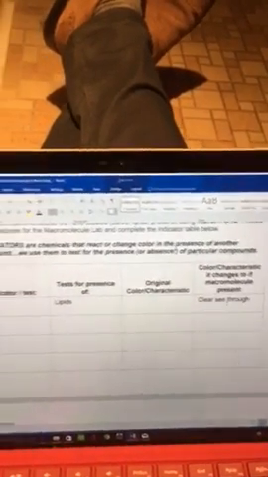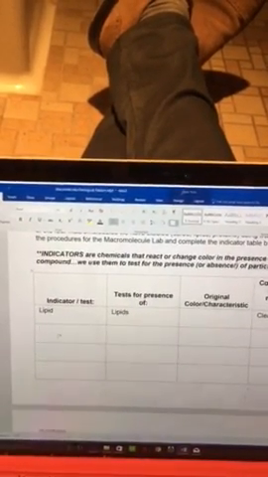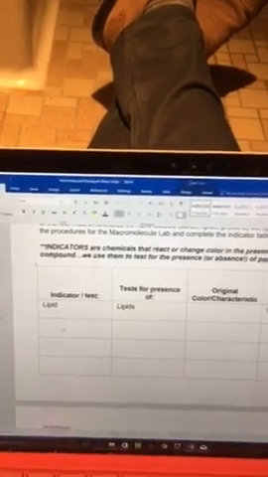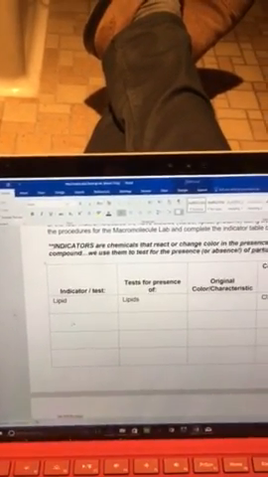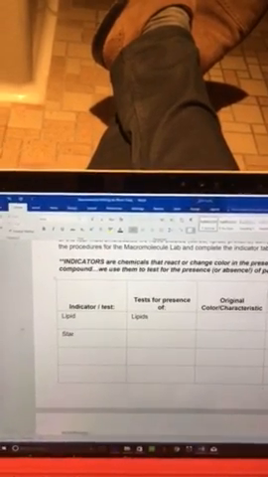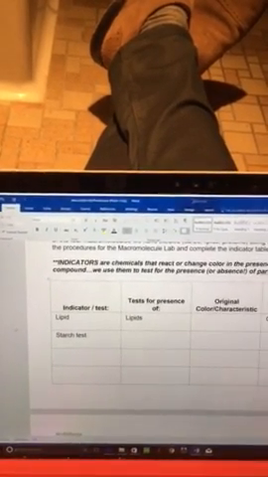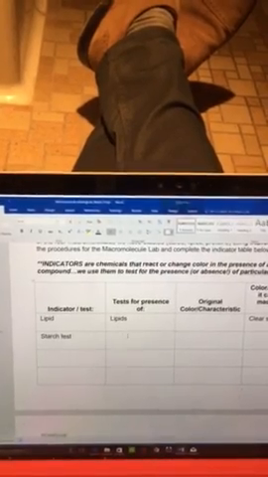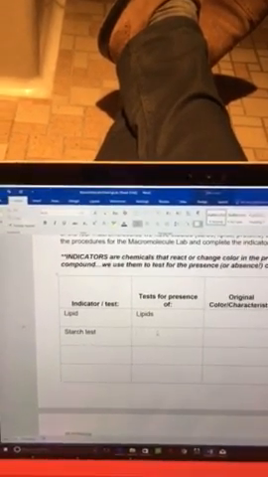There you go, see-through. The other test that you did with these 6 substances was the starch test. And that is actually going to test for the presence of starch.